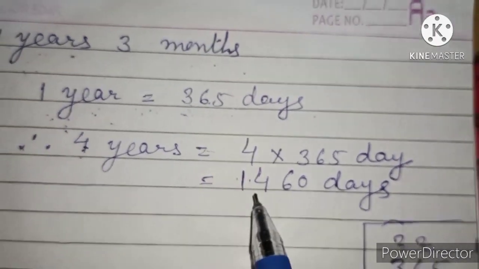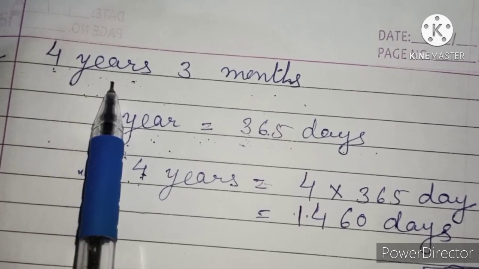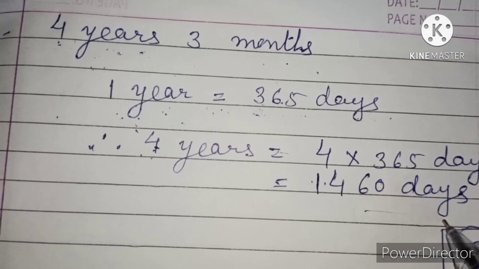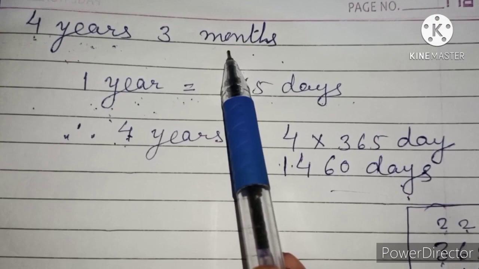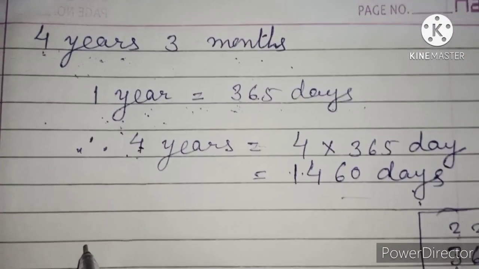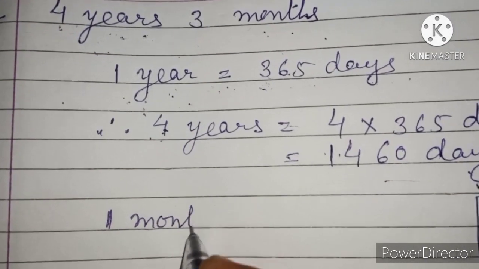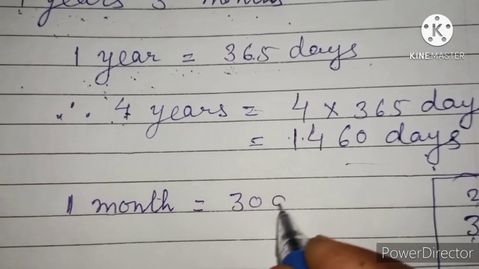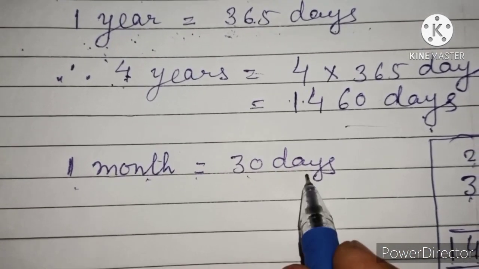Children, now you can see 4 years converted into days. Okay? Now we will convert months into days. Okay? So, as we know, 1 month is equal to how many days? 30 days. 1 month is equal to 30 days.